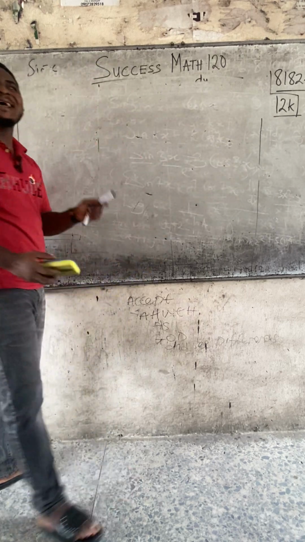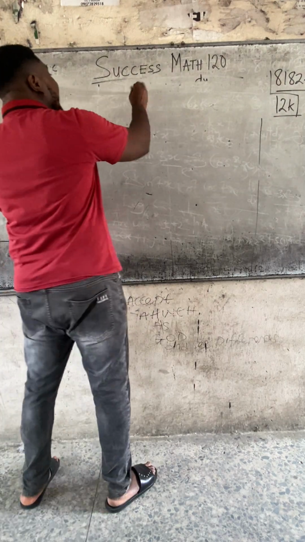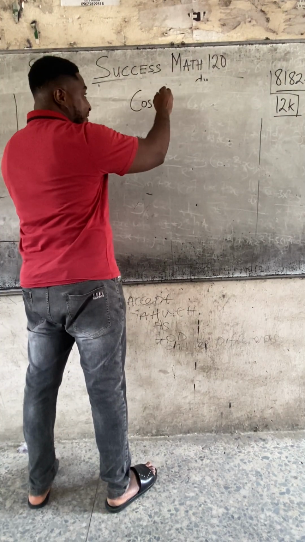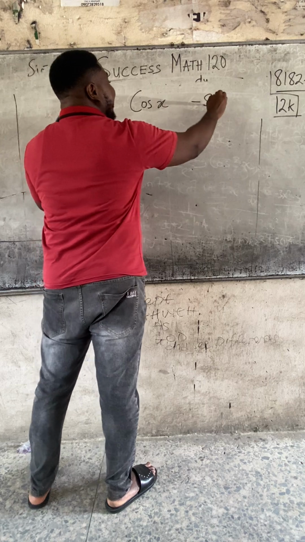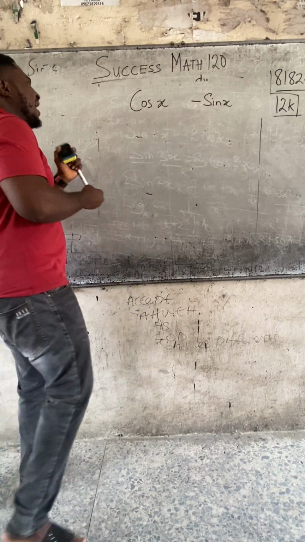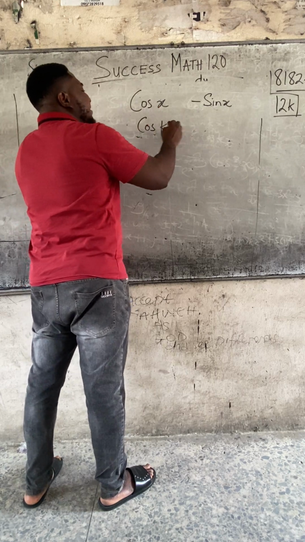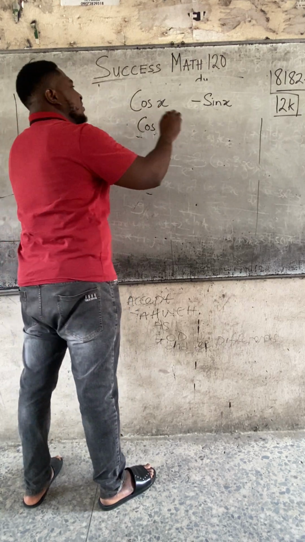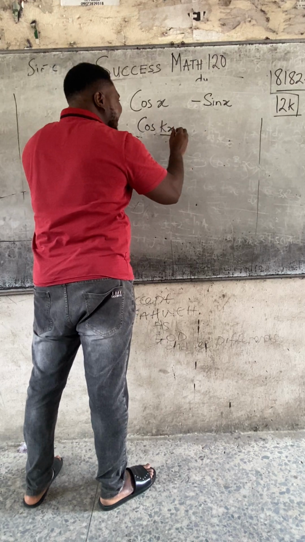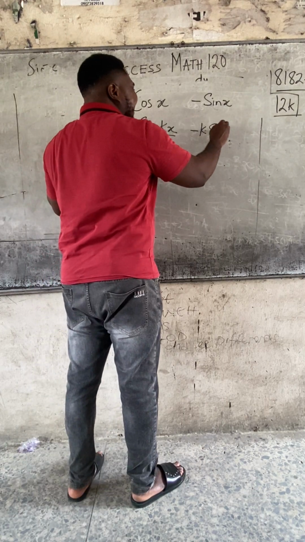Now, class, follow me. So we now know that when sine is differentiated, it changes to cos, right? But when cos is differentiated, it changes to sine, but with a minus. So minus is a fixed rule. But now, what if this is not just cos x, this is cos kx? If you differentiate this kx, you have k. But cos usually changes to minus sine.